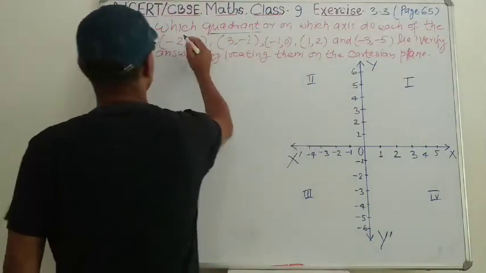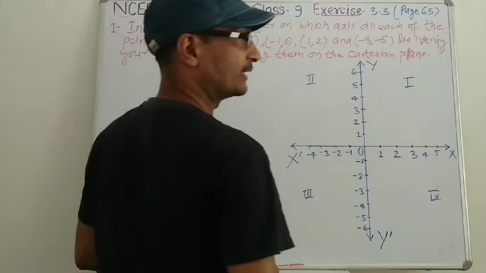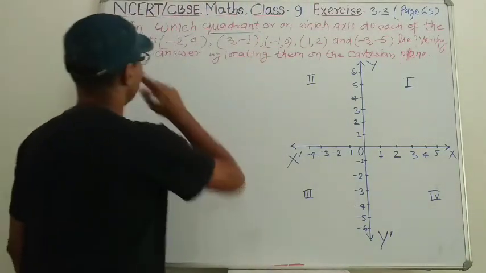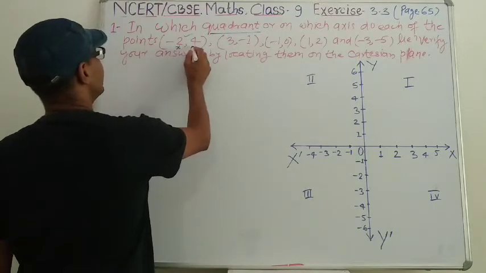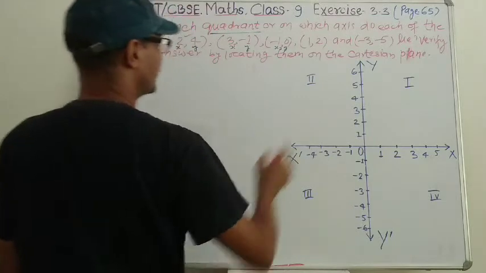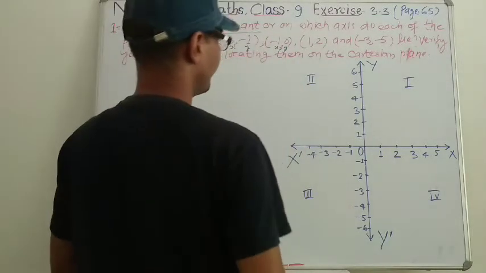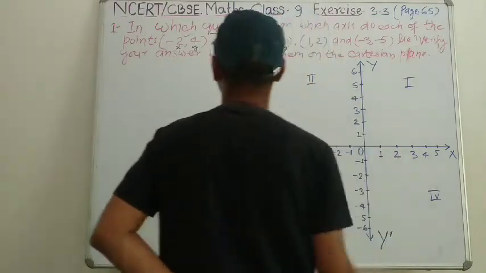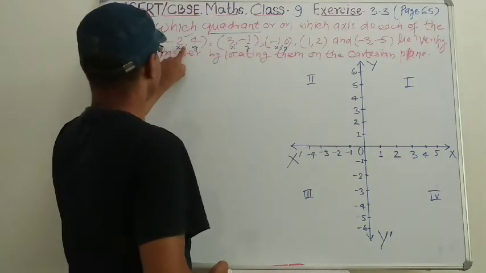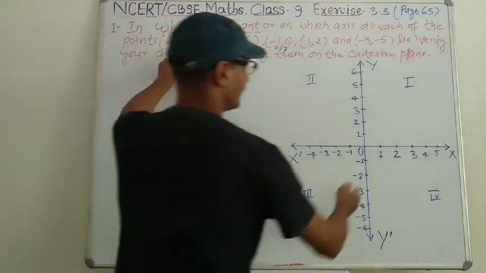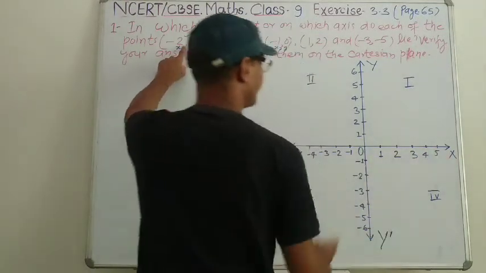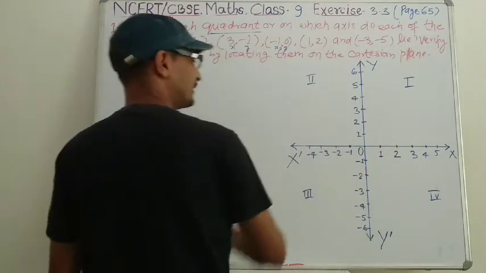The first point is minus 2, 4. Check where it is. In any pair, the first number is always x and the second is y, because it is the Cartesian plane. So minus 2 on the x axis, 4 on the y axis. Where will minus 2 be found? From the origin, the right side is positive and the left side is negative.